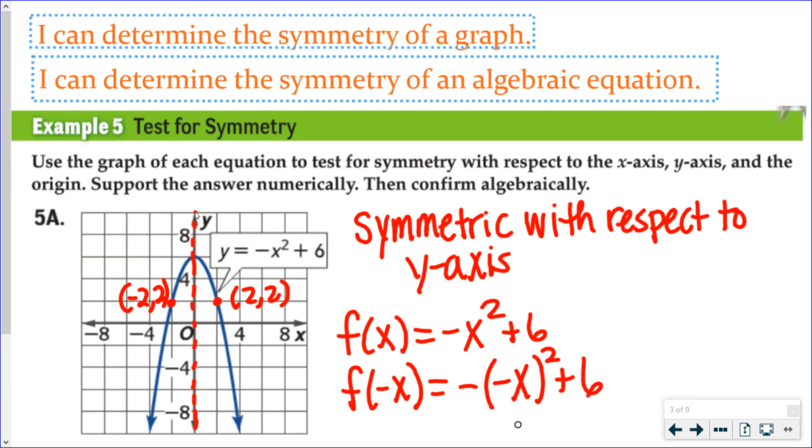What happens to negative x squared? That's negative x times negative x, that becomes positive x squared. So this negative still stays up front, but it's negative times positive x squared, which is still negative x squared plus 6, which was my f(x). So that is indeed symmetric with respect to the y-axis.